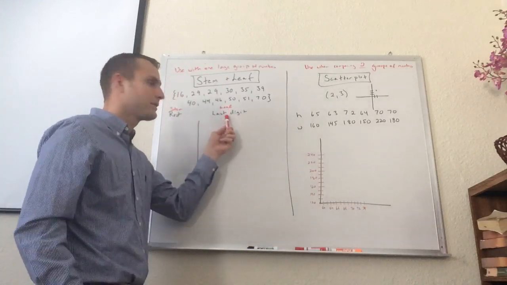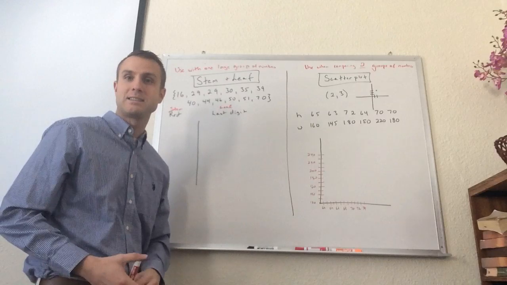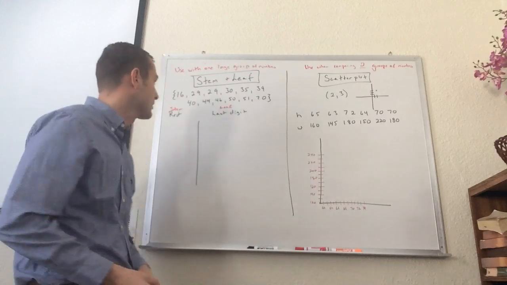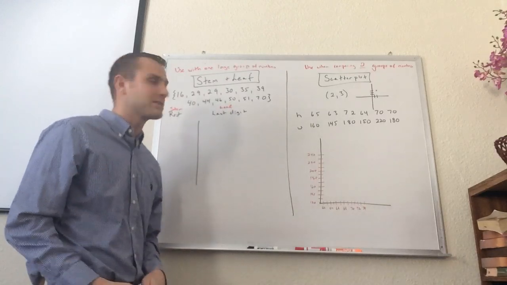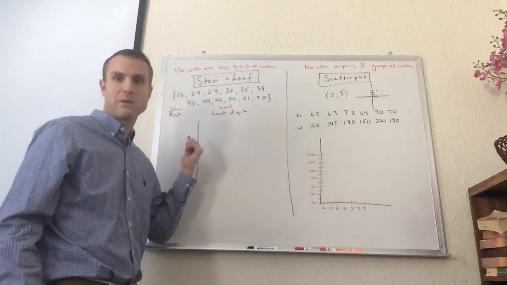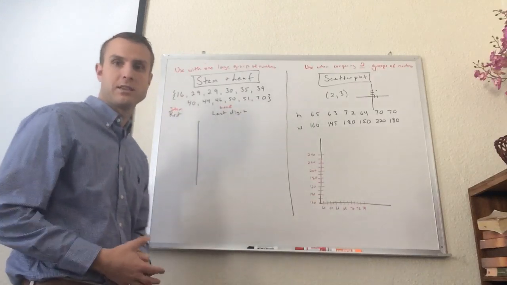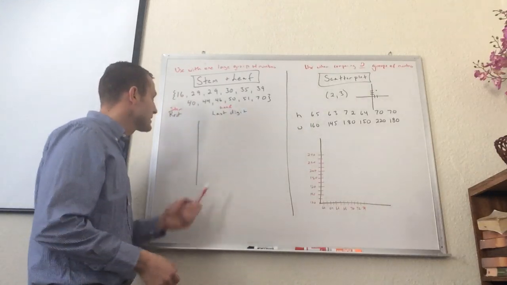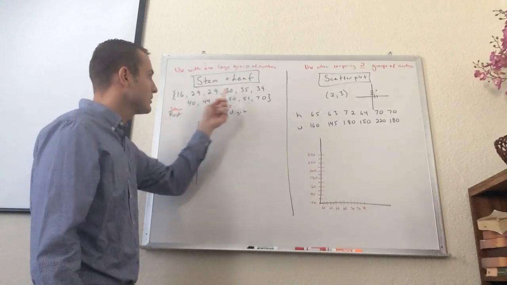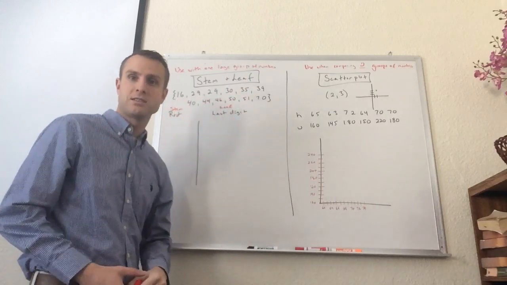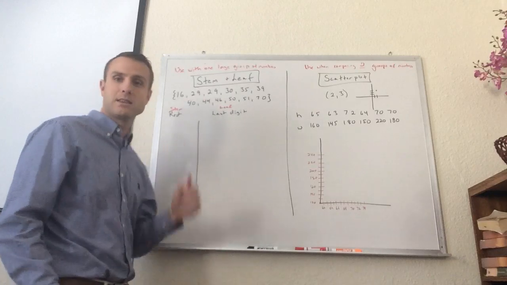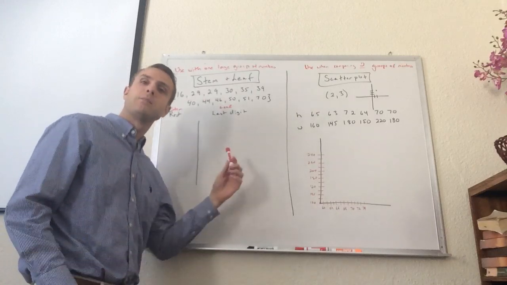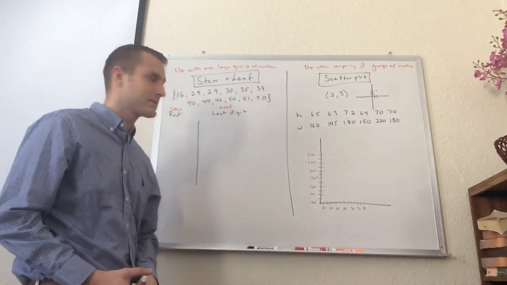The leaf is always just the last digit of each number, and the stem is the rest. If I only have one other digit, there's going to be one there. If I have more than one other digit, then it's going to be the rest. In this case, since all of these numbers have two digits, my stem is my tens place, and my leaf is my ones place.